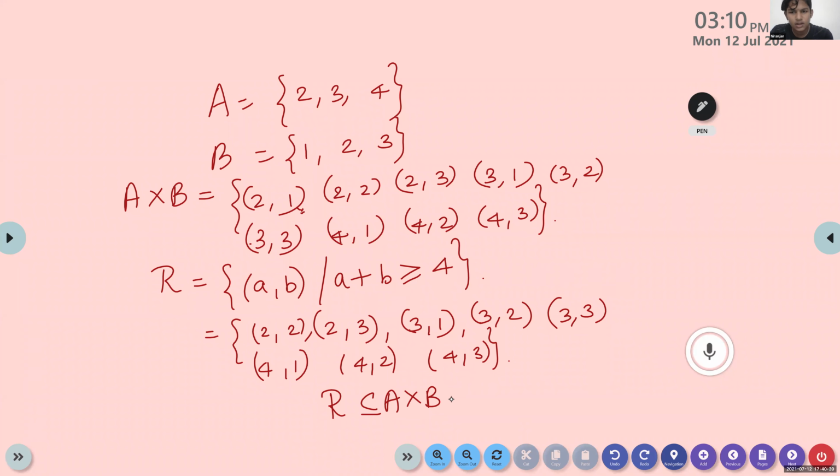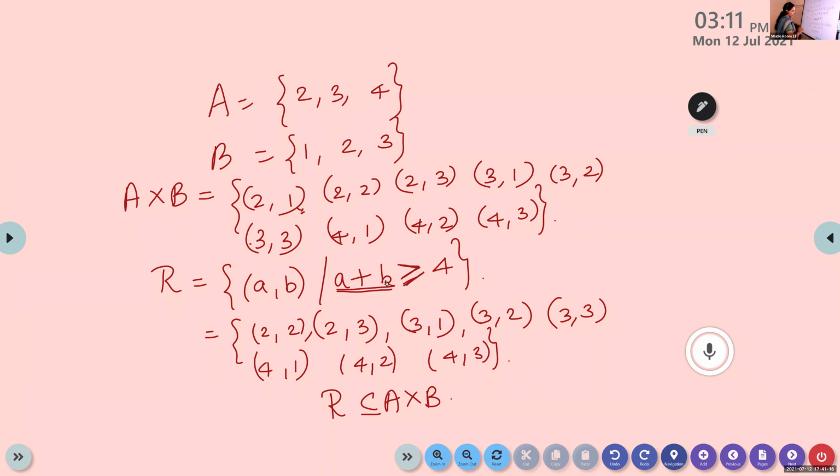Ma'am, can you explain the condition once again? Here, what is the condition given? I'm defining the relation R as the set of all ordered pairs (a, b), where a plus b is greater than or equal to 4. When we add these two numbers, it should be greater than or equal to 4. So from the given Cartesian product, we select only those ordered pairs whose sum is greater than or equal to 4.